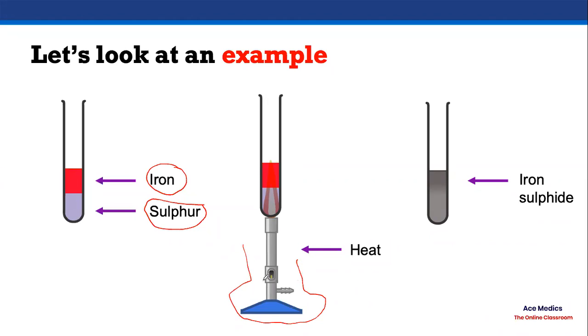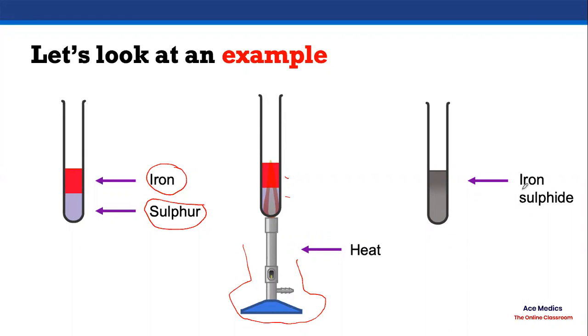Who can tell me what this equipment is? What are we using to heat the iron and sulfur up? Bunsen burner, excellent, good. Yes, this is a Bunsen burner, and we're going to put it on the blue flame. A Bunsen burner has several different flames, and we will put it on the blue flame to heat up the iron and sulfur.